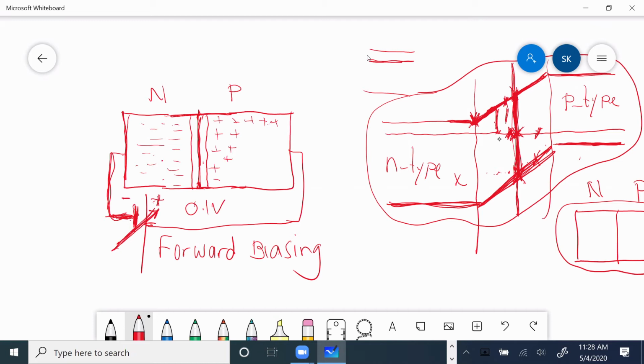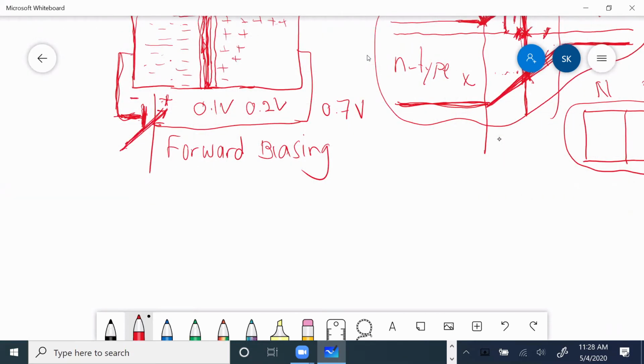Then I take this to 0.2 of a volt. Would you agree that the depletion region will get even narrower? So now the depletion region on both sides gets really narrow. And then when I increase this to 0.7 of a volt, that is what happens.